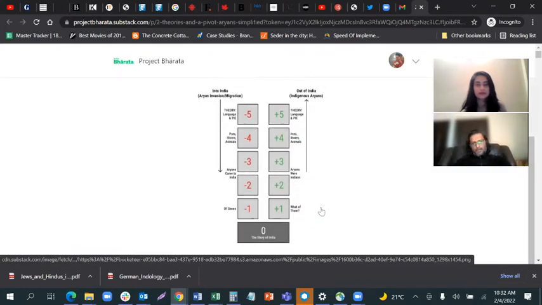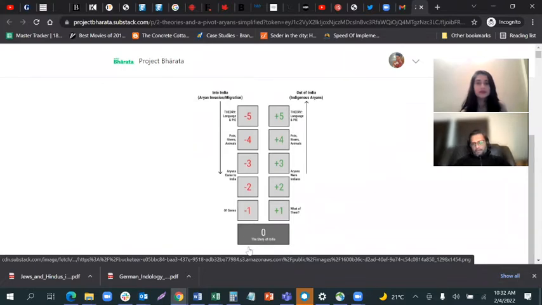Yeah, so you see at the bottom here, the story of India, 0. Now, from -5 to 0 is what you are very rightly pointing out. At -5 is a seemingly harmless theory on language, right?